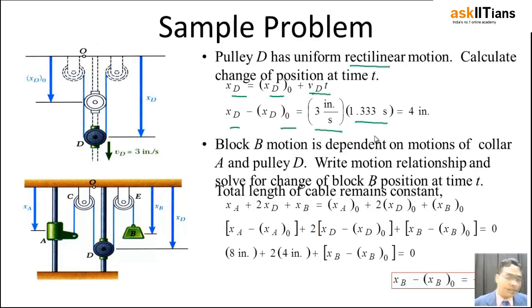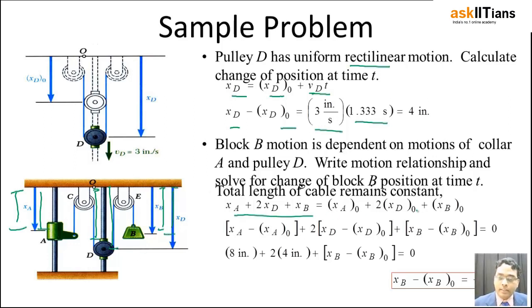Solving everything means writing down all the displacements. You have the displacement of the pulley A, that is XA. You have the displacement of the pulley B, that is XB. You have the displacement of the pulley D, that is XD. Putting it all together, the displacement of D will come twice, the displacement of A will come once, and the displacement of the block B will only come once.